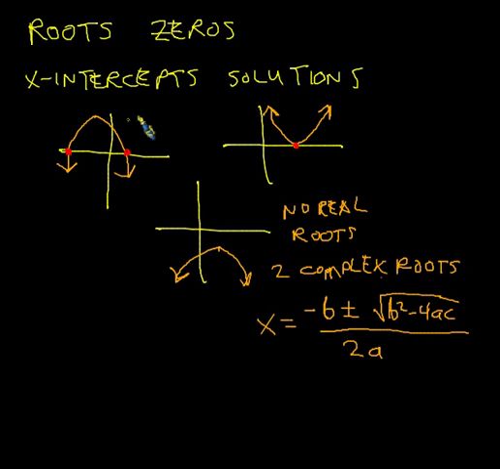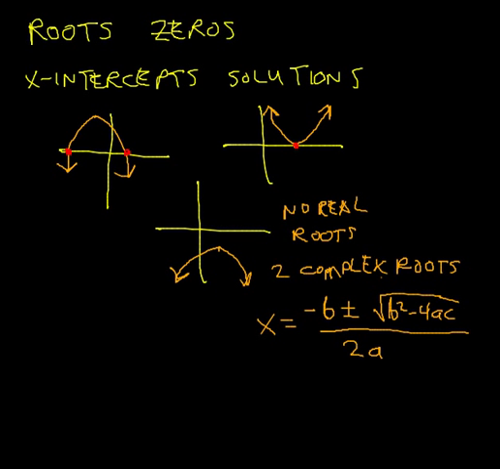Now, I'm going to expand on this idea of how the graphs are related to the roots in just a second here. But I wanted to remind you, with quadratics, we saw in the chapter on quadratics that you can have two real roots, or one real root, or zero real roots.